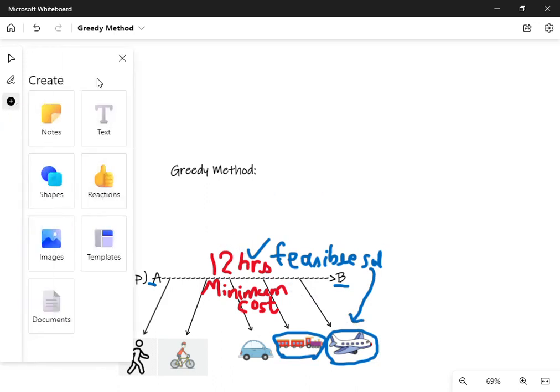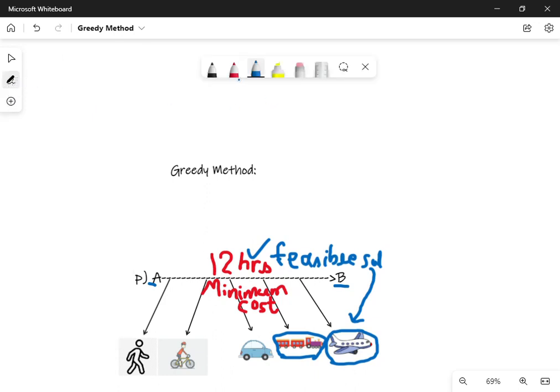Here our second condition is he has to travel at minimum cost. So how can he travel from point A to point B at minimum cost in 12 hours? So maybe the possibility is by train, because a train is less costly than a plane. So train is our option. Let me make it clear.